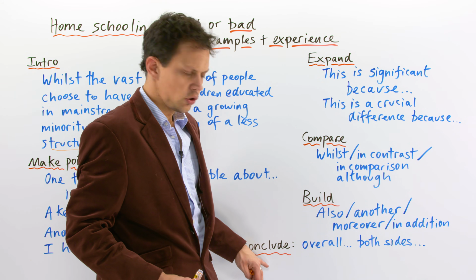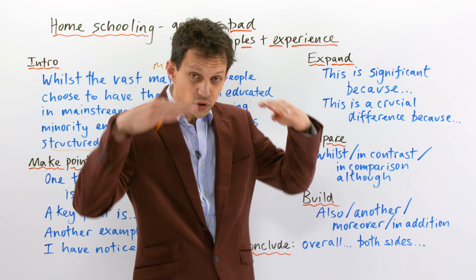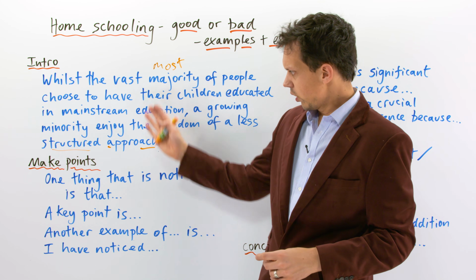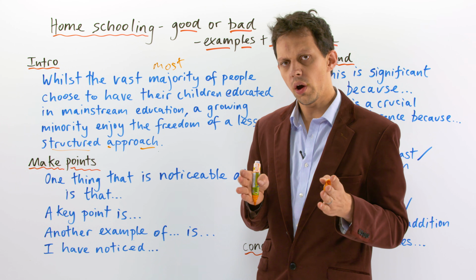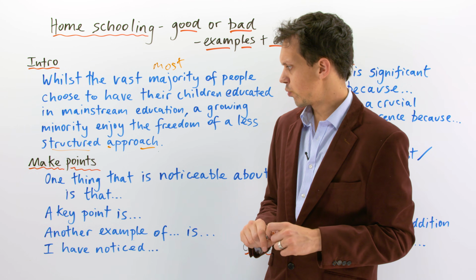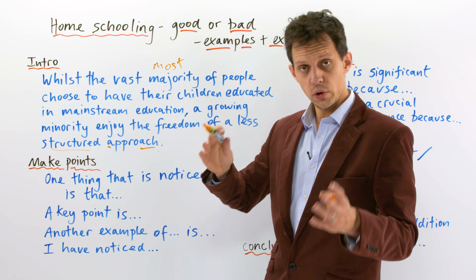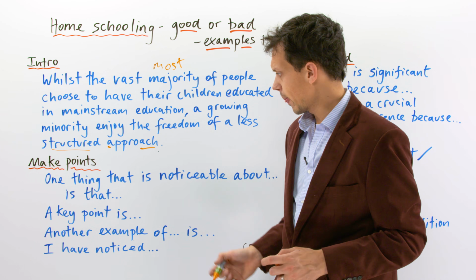You need to have a conclusion. So you're going to start that with "overall", and you'll have this sort of overall picture of both sides. Okay, so we've got lots of phrases. How would you actually organise your answer in terms of the paragraphs that you write? I would suggest an introduction where you're looking at the story so far, the big picture.